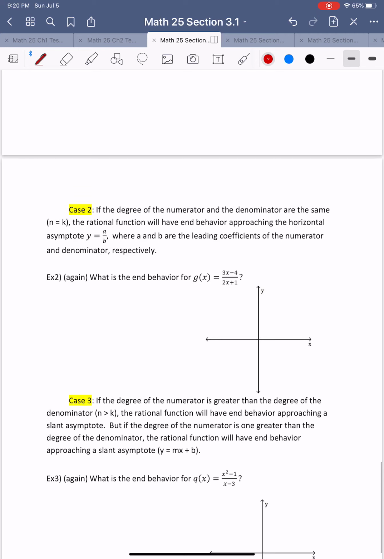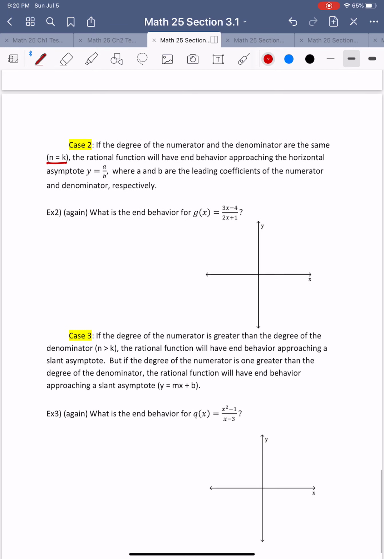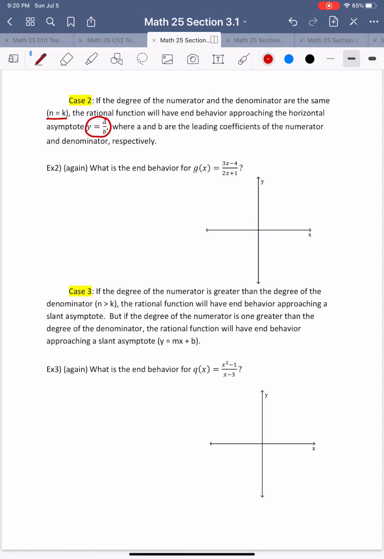Okay, case 2. The degree of the numerator and denominator are the same, which is n equal to k. The rational function will have end behavior approaching the horizontal asymptote y equal to the ratio of the leading coefficients, where a and b are the leading coefficients of the numerator and denominator respectively. So example 2, what is the end behavior for g of x?